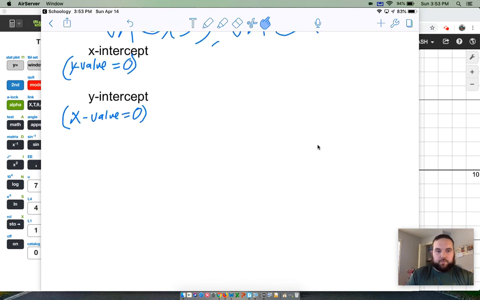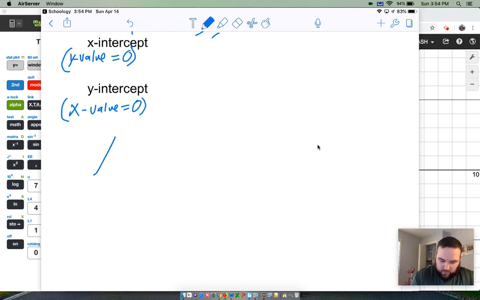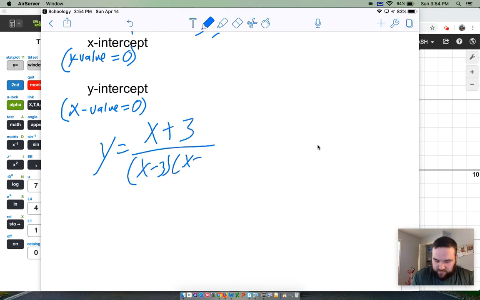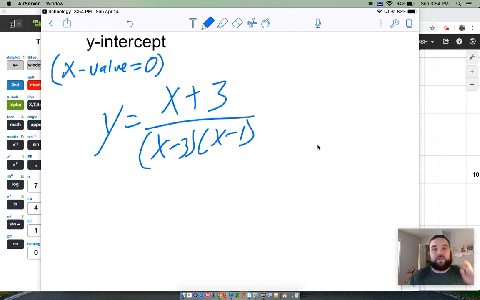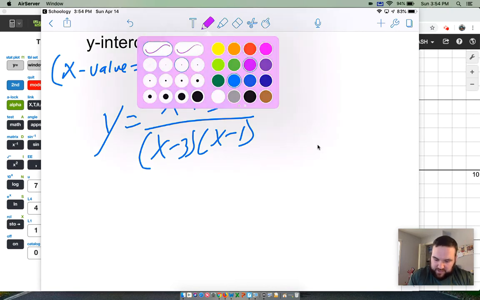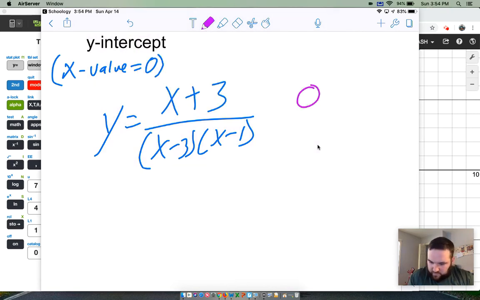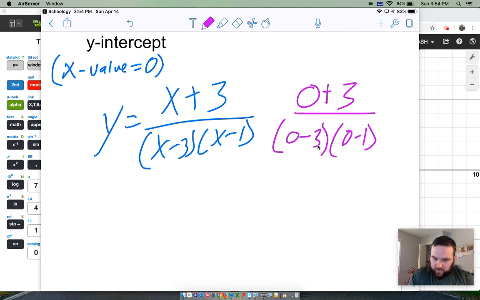Okay. So to find the y-intercept, I'm going to rewrite the function. You don't have to do this. (x minus 3)(x minus 1). So in order to find the y-intercept, I'm going to make x be 0. So I'm going to put in 0 for all of the x's in the entire function. Okay.